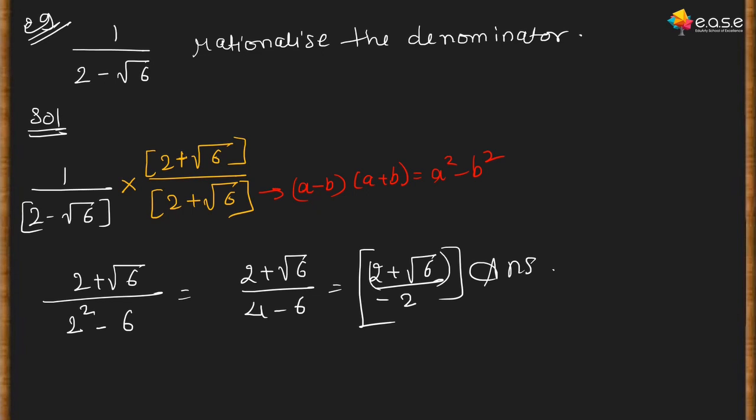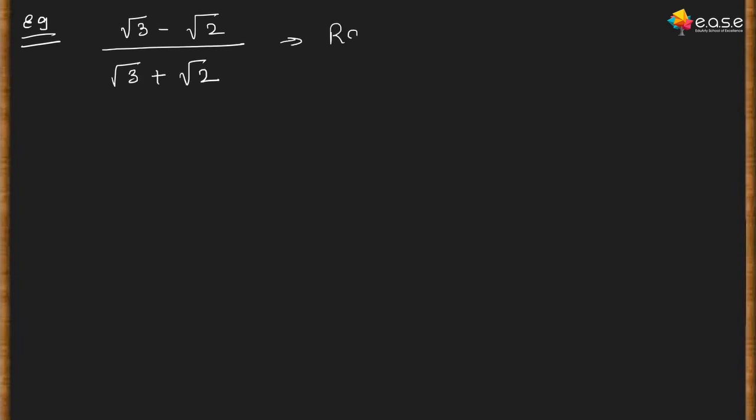Let's check. We can also come across questions where you will have, for example, root 3 minus root 2 divided by root 3 plus root 2. Here you have to rationalize the denominator.